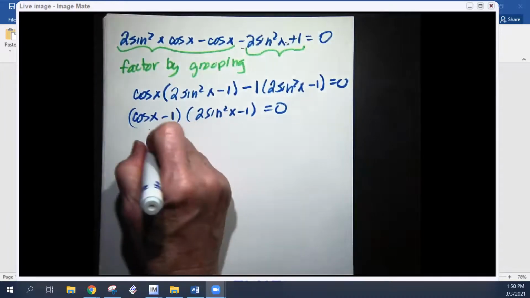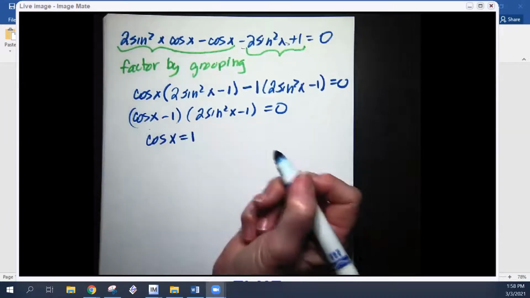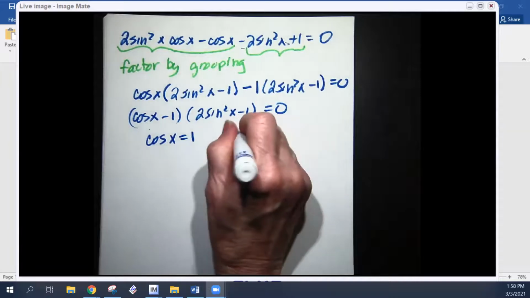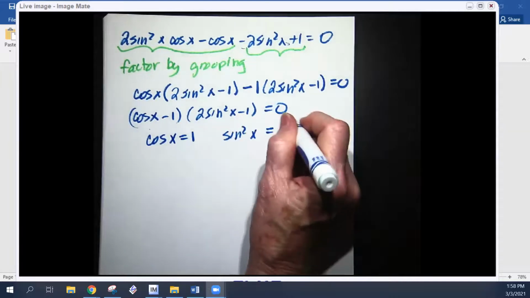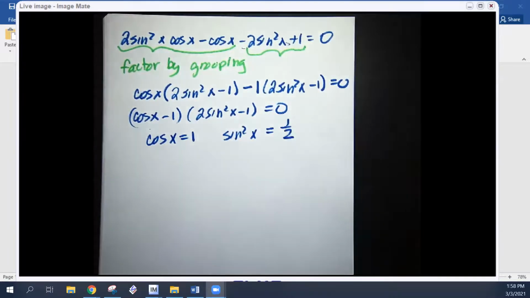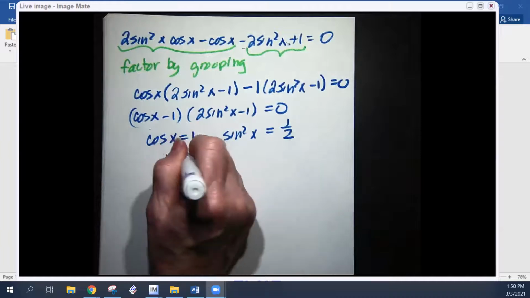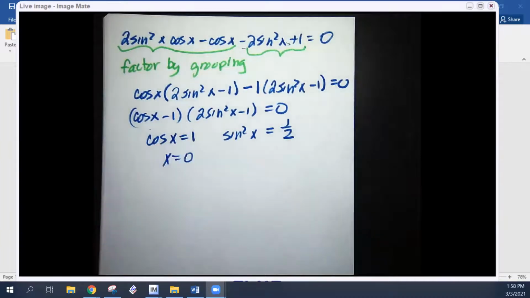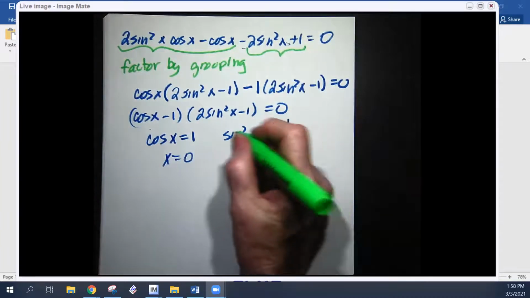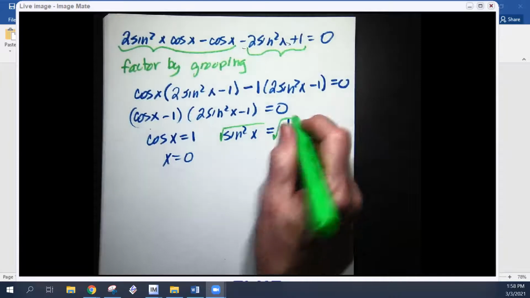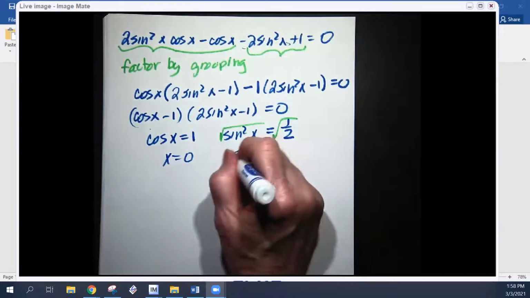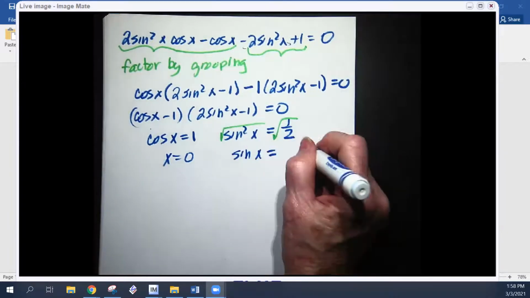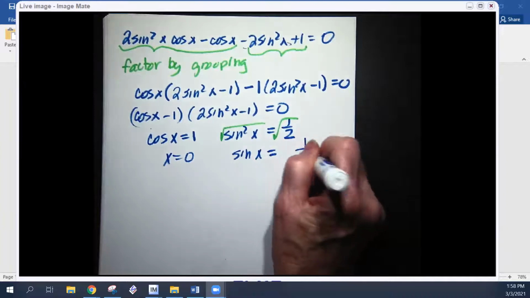So each part: cosine x equals 1. Sine squared x is equal to 1/2. So x is equal to 0 for the first one. And then when I do this one, remember you square root. So that's going to give me the sine of x equals 1 over root 2.